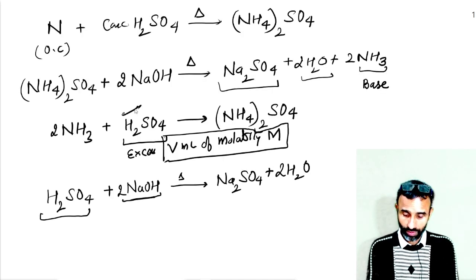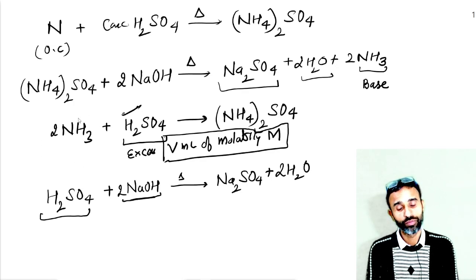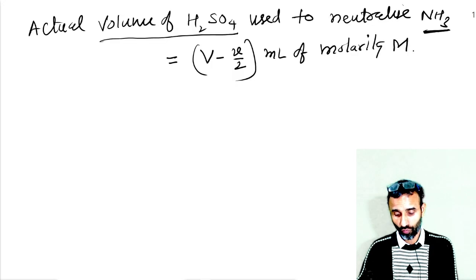See, 1 mole of H2SO4 requires 2 moles of ammonia. That means double the volume of ammonia is used up.